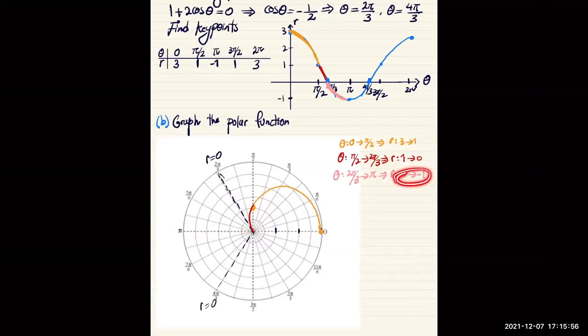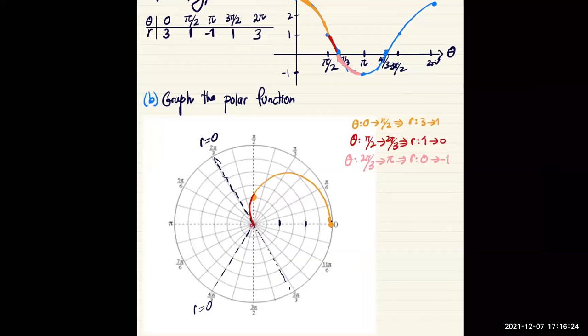Here, since r is negative, you are not going to draw the graph here. There will be no graph here. The graph, remember, is going to be on the opposite angle. So instead of drawing a graph here, the graph is going to be in this region. Does that make sense?